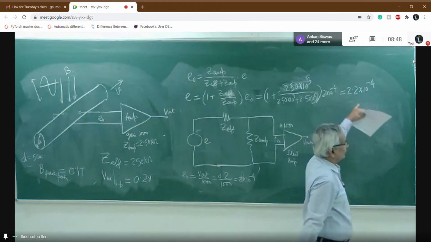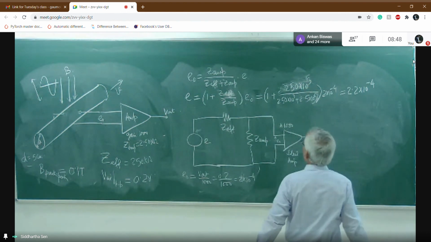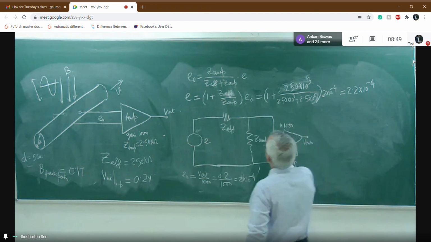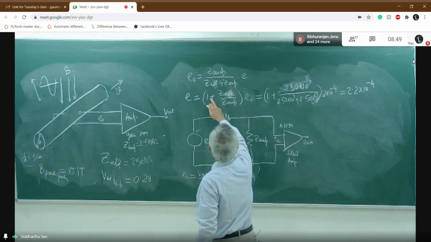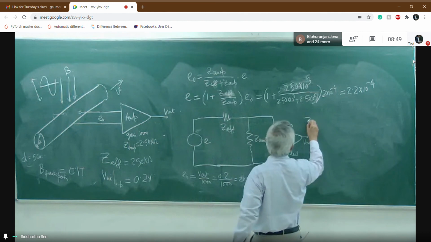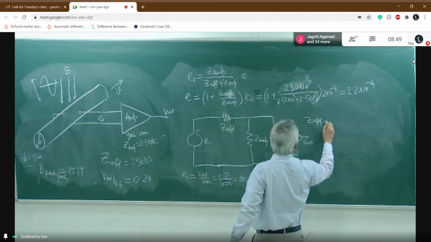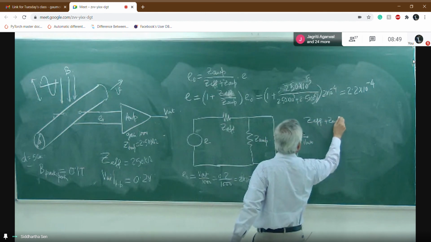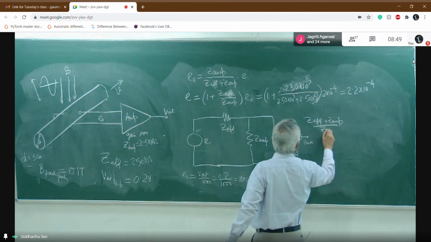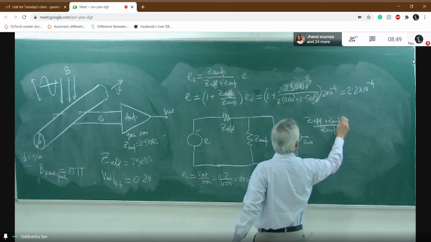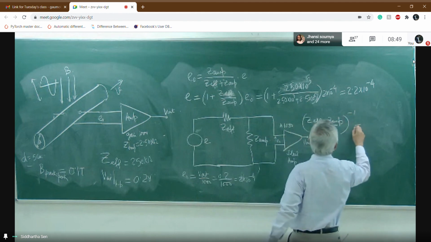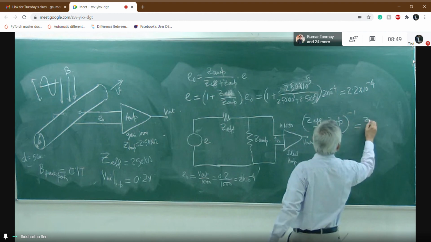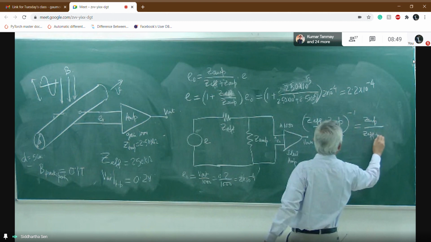And in the denominator, what is this? ZF plus Z amp divided by Z amp. You inverse it. What is it? It is Z amp by ZF plus Z amp.